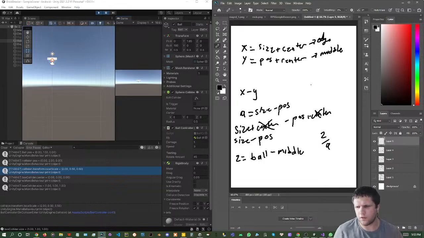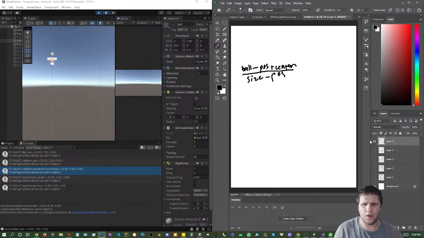Or this is also ball minus the position plus the center divided by the size minus the position.